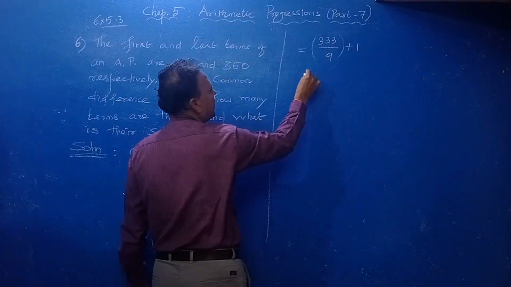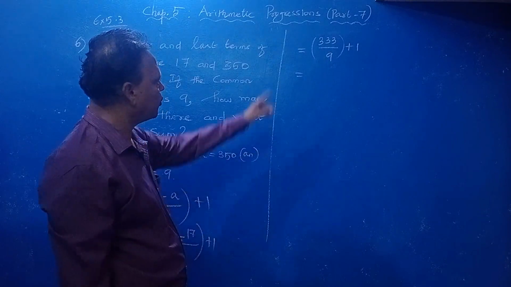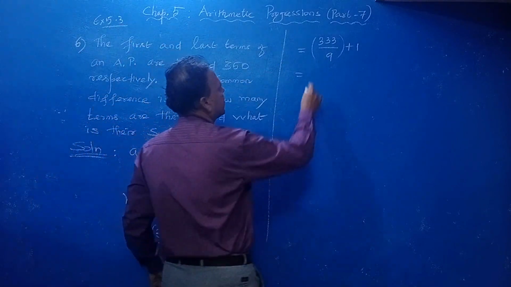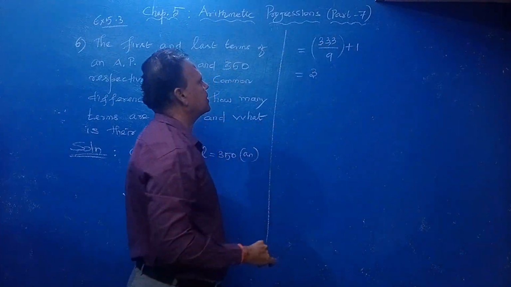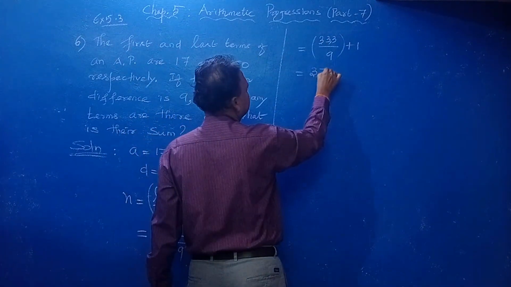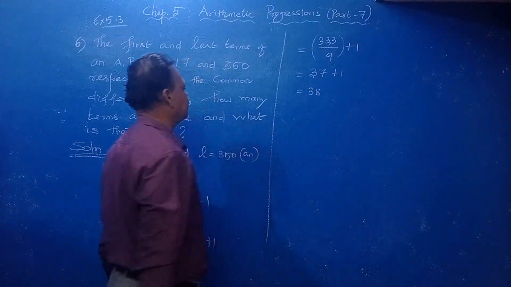The plus 1 is separate. Now 9 into 33, 3 times will go. What is the remainder? 63. 7 times, 7 nines are 63, plus 1. So total 38 terms there.